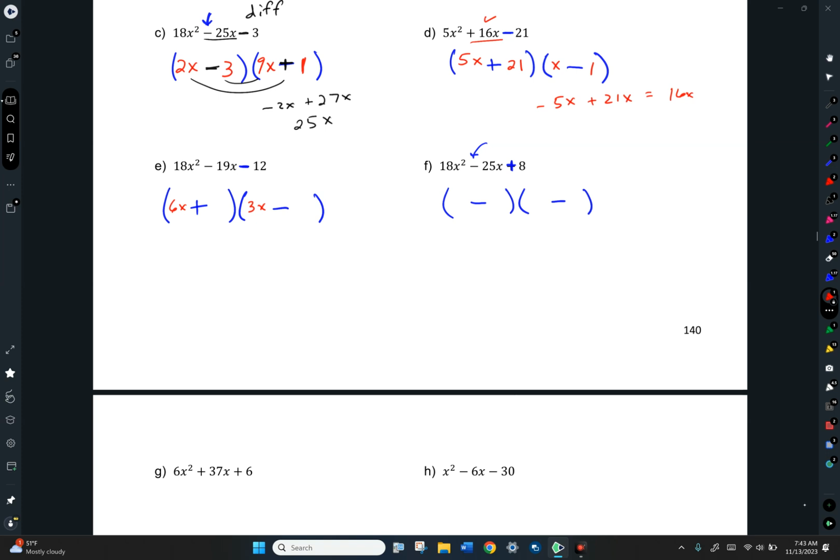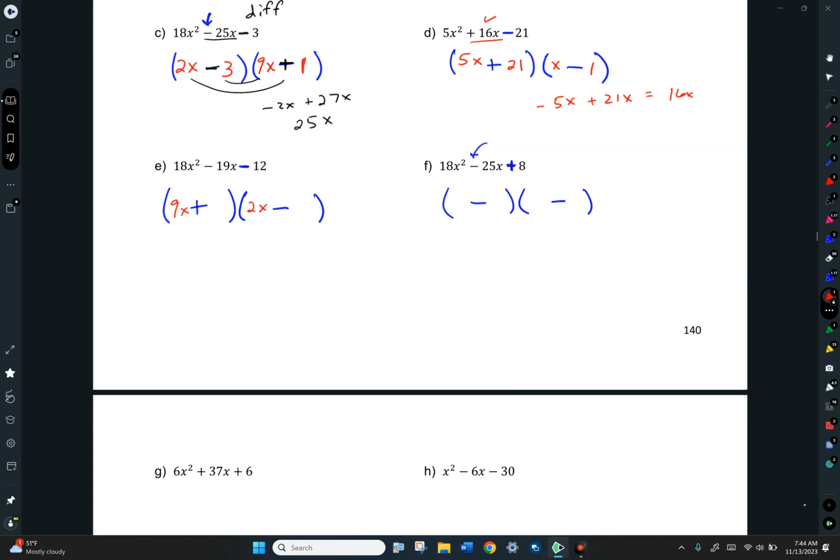But again, I can't put either the 6 or the 2 in that first parenthesis. And then 12 and 1, again, can't put the 12 in either one. So very quickly, without even writing anything down, I know that since I tried all my options on the 12 and there's nowhere it can go, the first one can't be 6 and 3. It has to be 9 and 2. Okay, so 9x and 2x.